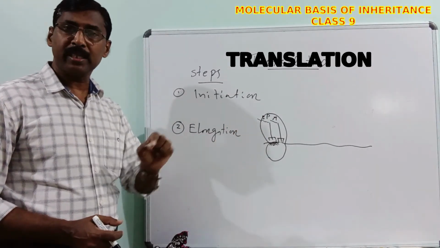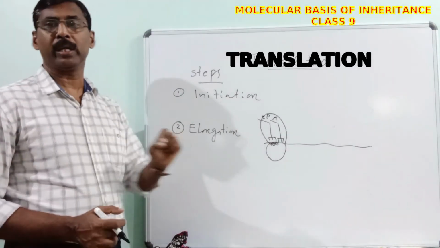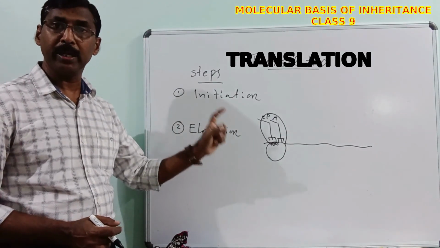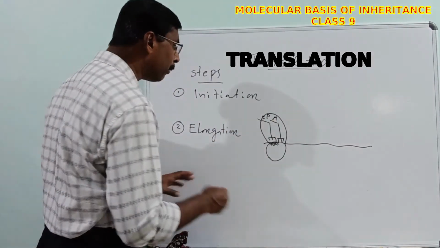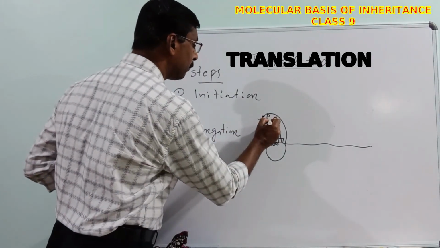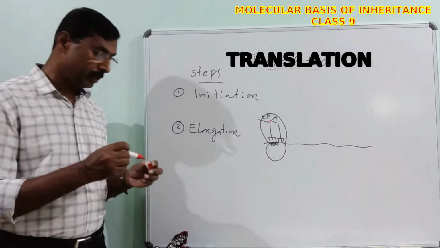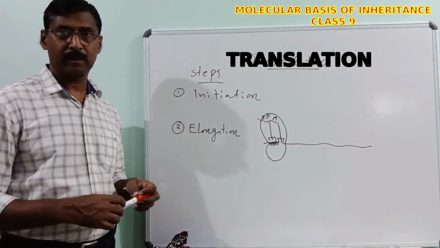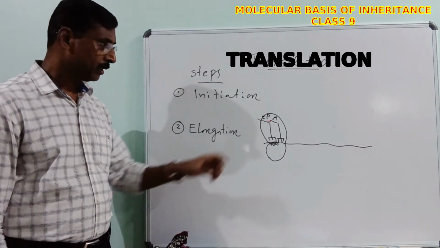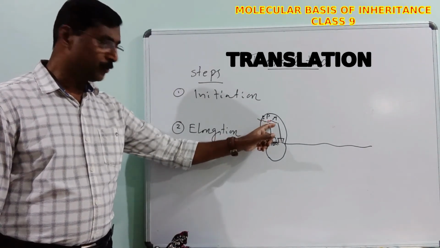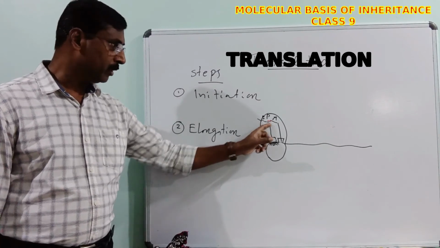Now the enzyme peptidyl transferase establishes a peptide bond here. So a dipeptide has formed now, a combination of two amino acids.